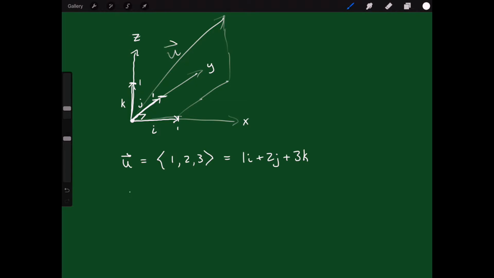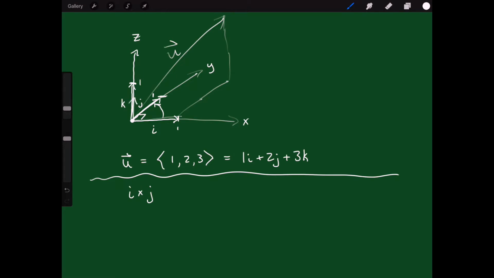What if we wanted to take the vector i and cross it with the vector j? Using the right-hand rule, moving with my right hand from i to j, my thumb would be pointing upward.